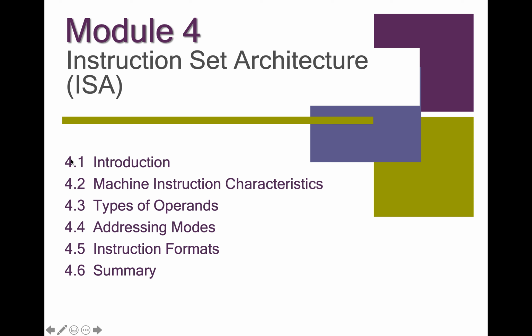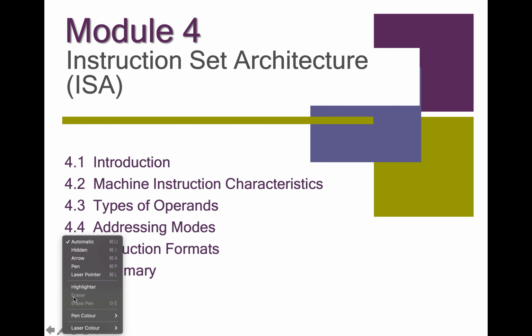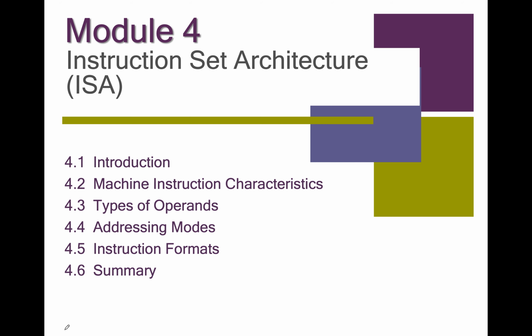If you look over here, first is our introduction. Wait, sorry, I need to change it to pen. Okay, because I love blue. We have 4.1, which is our introduction, and then we have 4.2, which is under machines, instructions, and also the characteristic.